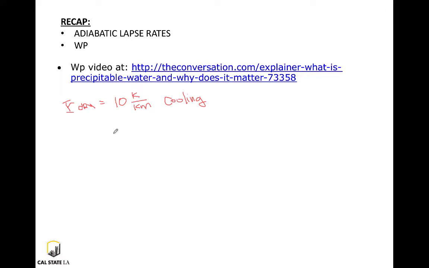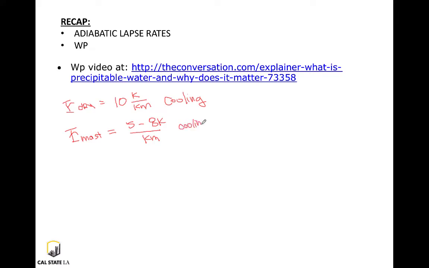This is generally a linear trend as the parcel rises in the atmosphere. There's also a wet or moist adiabatic lapse rate, which cools 5 to 8 Kelvin per kilometer.